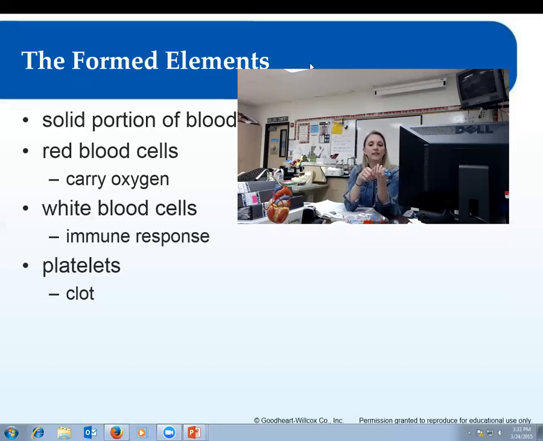The liquid in there keeps the blood from clotting like it would in a red top, and that's why they use it. They're able to see how long it would take your blood to clot, and whether your blood is clotting too fast or not fast enough. And then the last one that you'll see in here is a purple top.